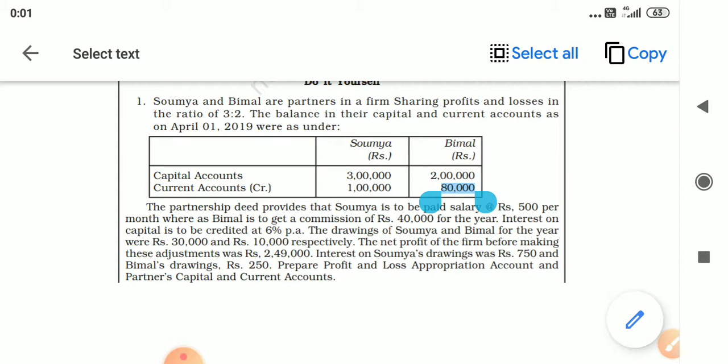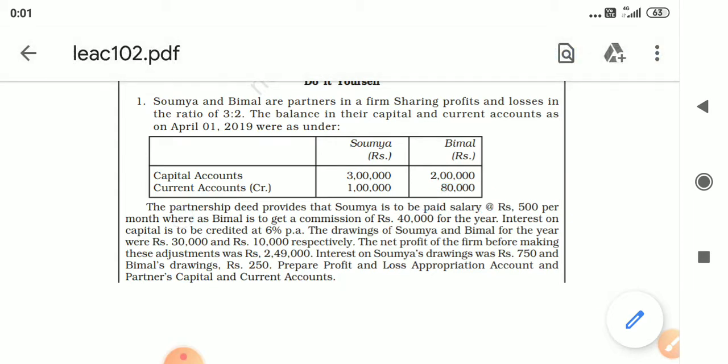The partnership deed provides that Soumya is to be paid a salary of rupees 500 per month, whereas Bimal is to get a commission of rupees 40,000 for the year. Interest on capital is to be credited at 6% per annum. The drawings of Soumya and Bimal for the year were rupees 30,000 and rupees 10,000 respectively.